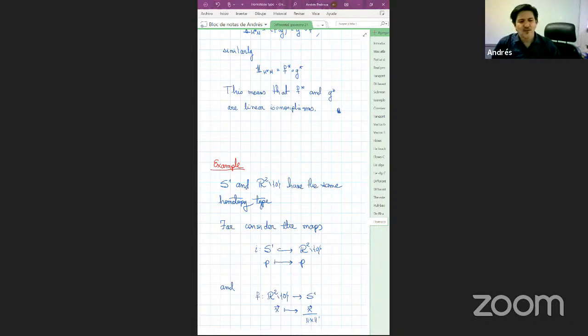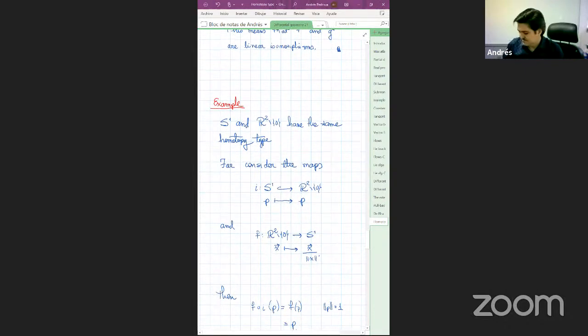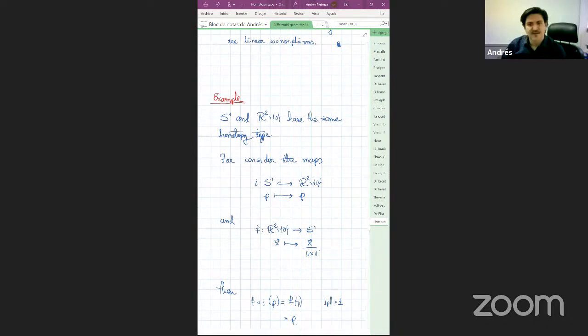However, one composition is very trivial. This one is exactly the identity. The inclusion, and then the point is already of length 1. So I get P again.